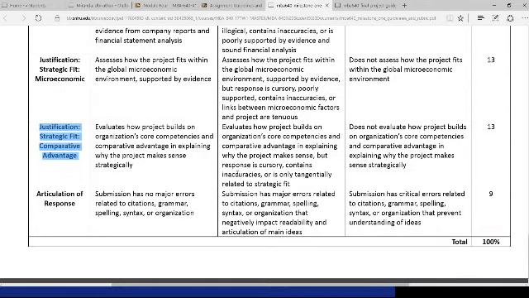Now, here's the thing about articulation of response, which is very important. I have had students howl to the moon because they get upset that all of a sudden they get a 0 on the articulation of response. Oh, but I did references. Yeah, but did you do citations?